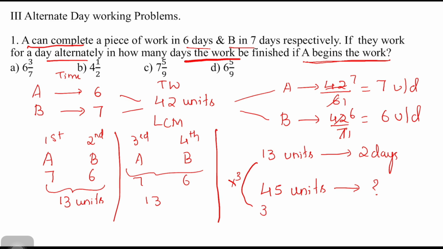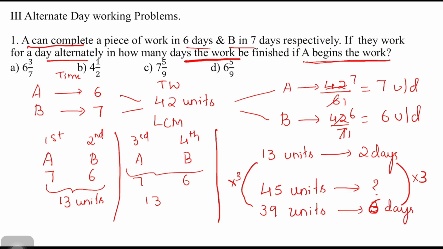So 13 into 3 is 39 units, and 39 units is completed in 3 times 2, so it is 6 days. 39 units is completed in 6 days.